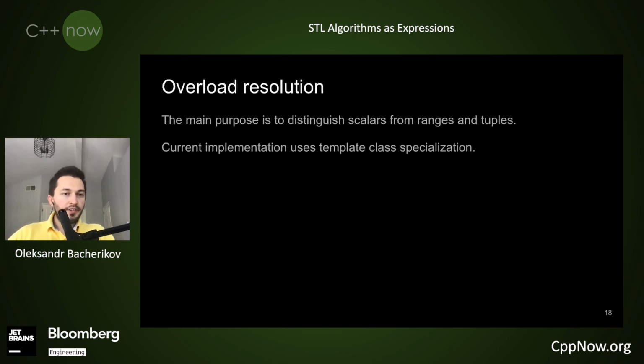Next is the overload resolution. Again, it wasn't the focus of the design so far. The main purpose is to distinguish scalars from ranges, from tuples, and later from other types. So the current implementation uses template class specialization, but maybe I'll need to change it to regular overload resolution.